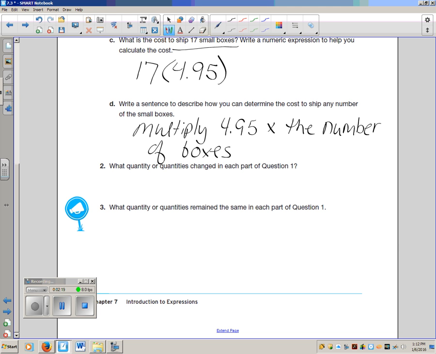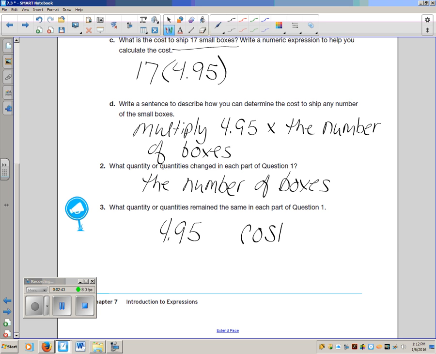What quantity or quantities changed? Think about it. The number of boxes. Which one stayed the same? $4.95, which is the cost.